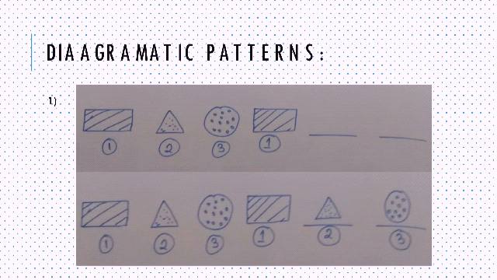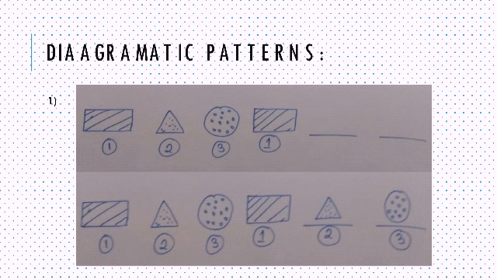Whenever we get questions like this, before we complete the pattern, what will we do? We will first number the figures. So let us number the rectangle as 1, the triangle as 2 and the circle as 3. Now this rectangle that is coming after figure 3, that is after the circle, is the repetition of the first diagram.